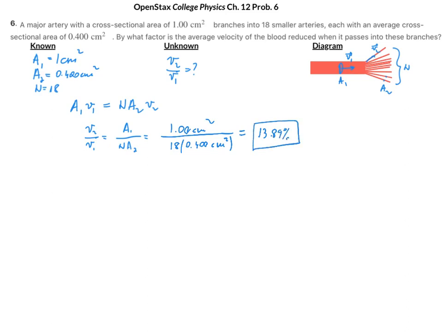So the speed reduces by 13.89% as it's going from the major artery into the smaller arteries, and that's because the total cross-sectional area of the smaller arteries is actually larger than the cross-sectional area of this large artery.